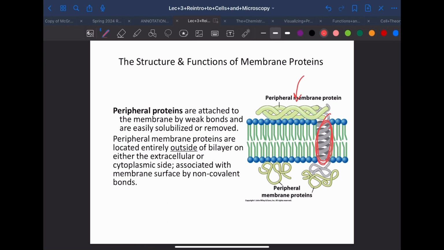You're not actually in the membrane, you're just kind of holding onto it, and that's why it's easy for them to come off, because the bonds that are like right here, you can break those easily, and that peripheral membrane can just go, right? So let's see. It says that it is associated with membrane surface by non-covalent bonds, right? By non-covalent bonds.